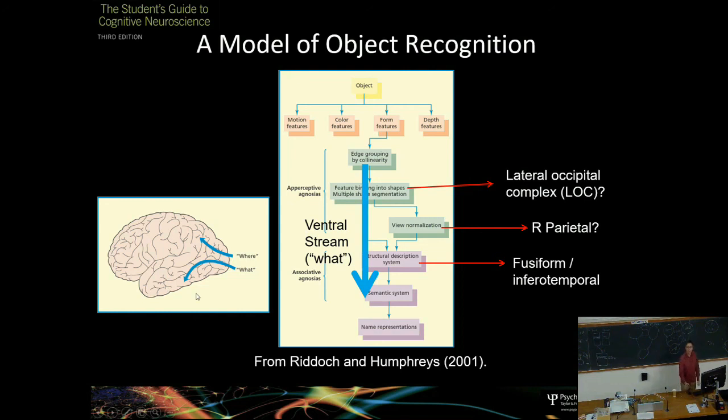And you can understand why this part of the brain is specialized for that, because they care about what objects are, but they don't care about where they are in space and so on. In the next lecture, I'll talk about what goes on in this other route in terms of attention and how we can reach for objects and so on. In order to do that, of course, we need to know exactly where things are and less so what things are. So it's a different kind of information that is needed.